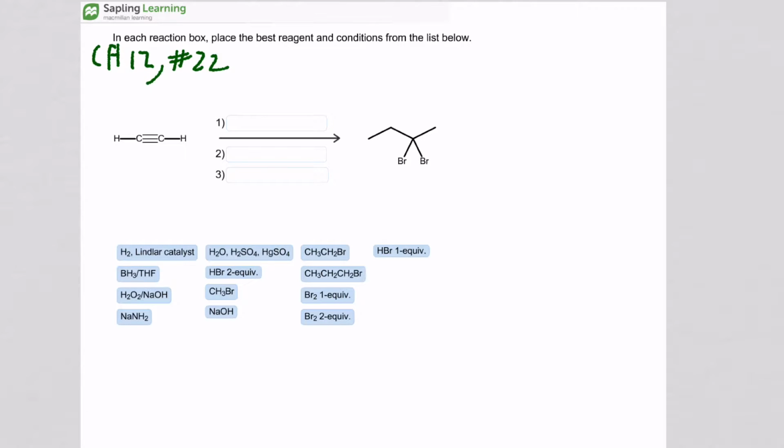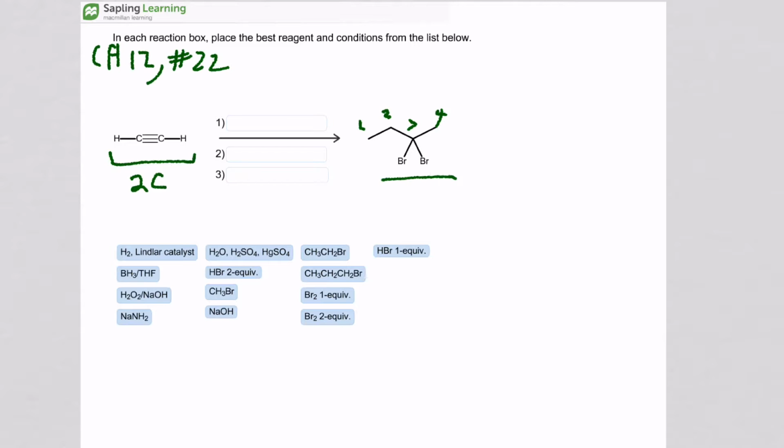Okay, so the first thing you want to look at is you notice that your product here has 1, 2, 3, 4 carbons, and your starting material only has 2 carbons. So that's telling you you're going to need to extend the carbon chain by at least 2 carbons.